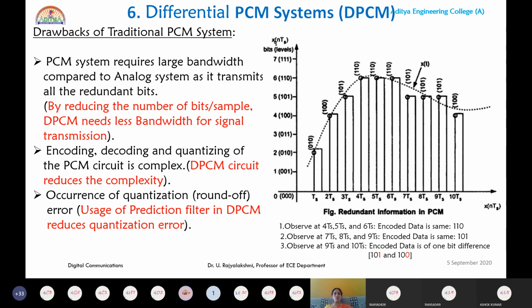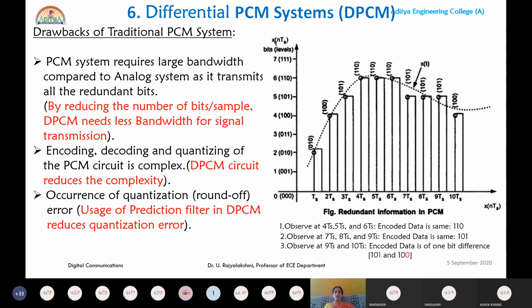The PCM transmits all the bits present in a sample. It does not remove the redundant data, and it transmits all the bits present in each and every sample.